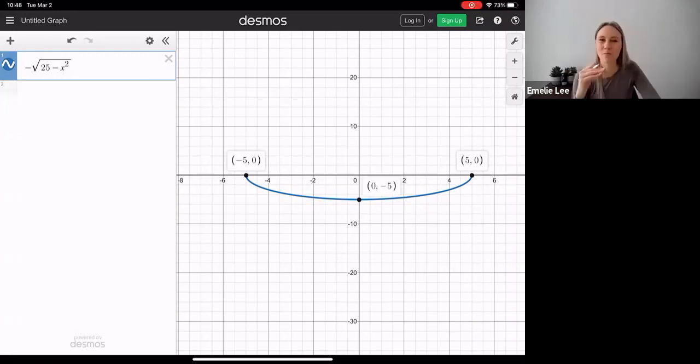So the lowest possible value of y is -5. And just like we said, we would have found that the domain is between -5 and 5, since 25 minus x squared has to be greater than or equal to 0. We see that here, -5 and 5.